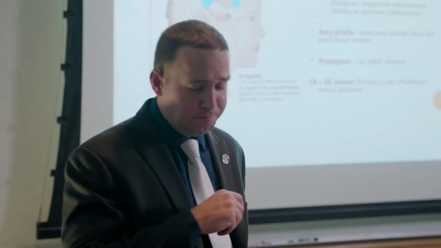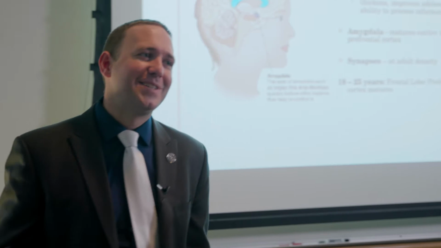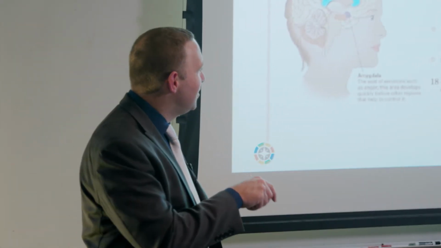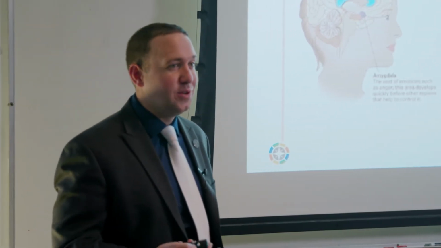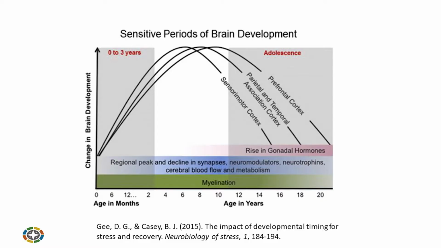So for those of you that interact with, say, 20-year-olds, and you think, why are you behaving in such an immature way? A lot of it has to do with we continue to do learning up through age 25. And this is, again, a different kind of sensitive period in looking at brain development for human beings.